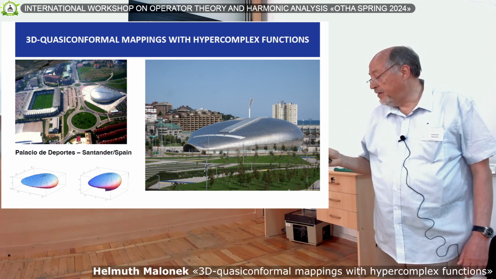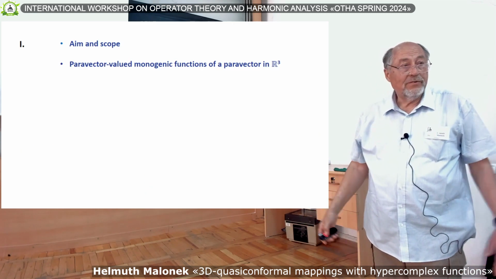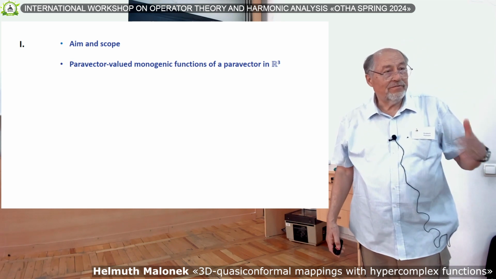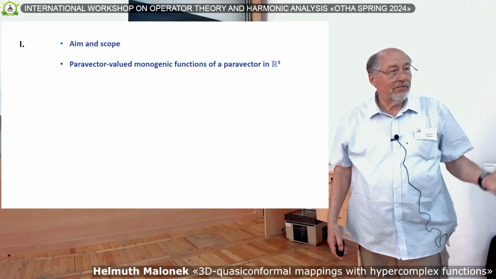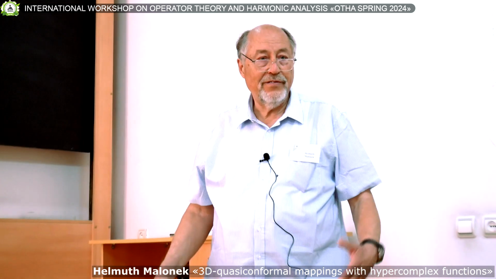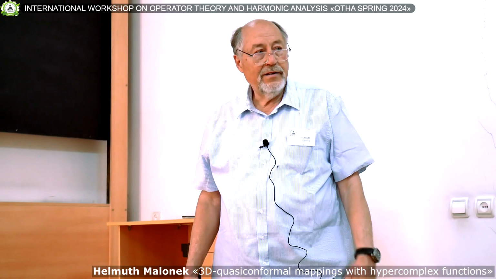Very interesting thing. The aim and scope is, as I told you, foremost to show which kind of monogenic function, or generalized holomorphic function, can be useful. It's not my aim to show you that the approximation with these functions is more accurate, but that it is numerically very efficient.